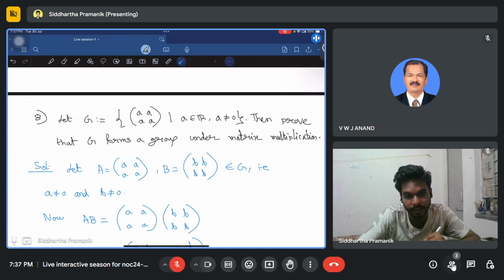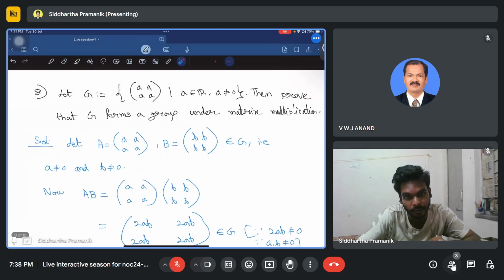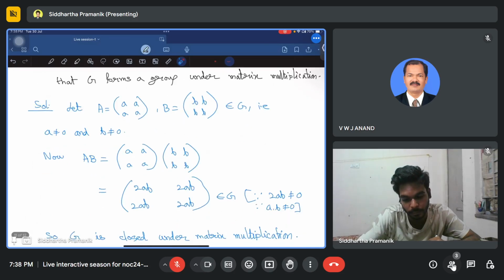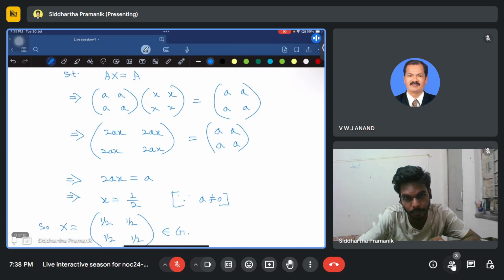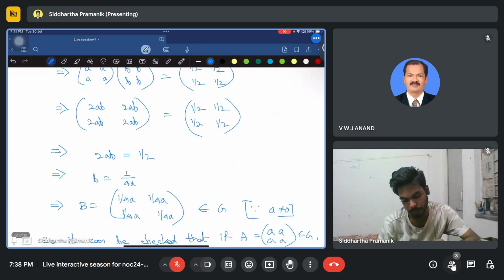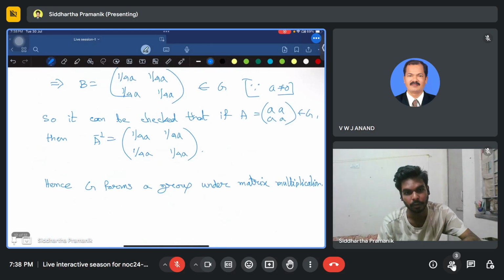There the identity element is the identity matrix, but here the identity element is different from the identity matrix. Okay, let's move on to another problem. If you have any doubt in this problem or in this proof, you can ask.